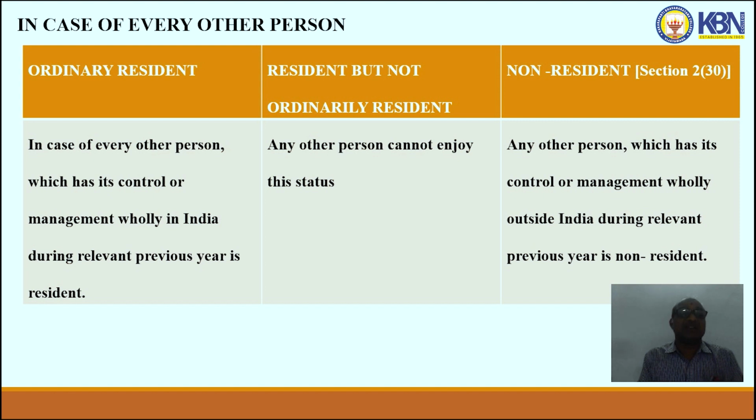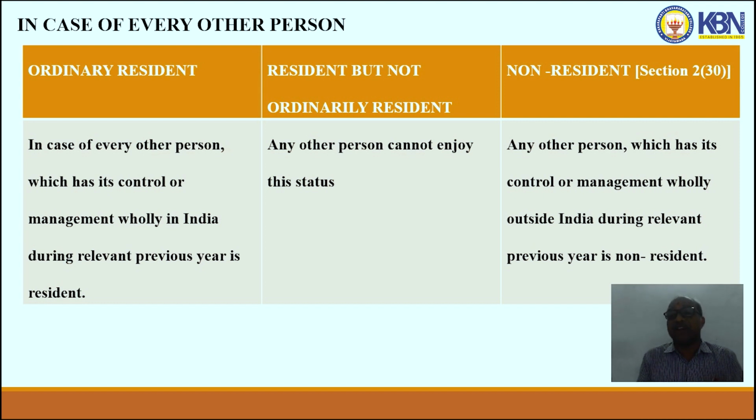Another one is in case of every other person. In case of every other person which has its control or management wholly in India during the relevant previous year, it becomes ordinary resident.